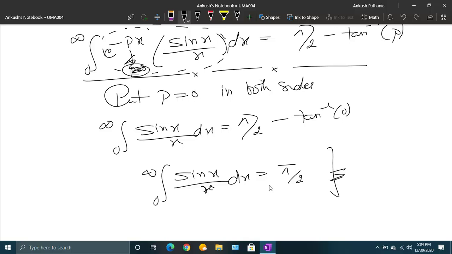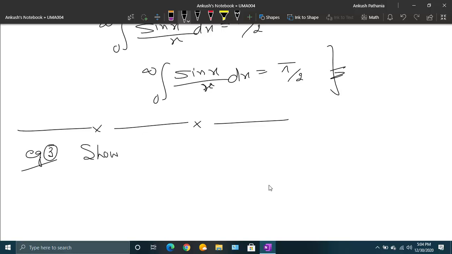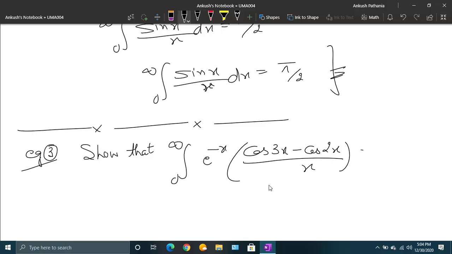Let us do one more question of this type, which involves the use of property 3 and also the definition of Laplace transform. Show that the integral from 0 to infinity of e raised to power minus x times (cos 3x minus cos 2x) upon x dx is equal to half ln of 1 by 2.